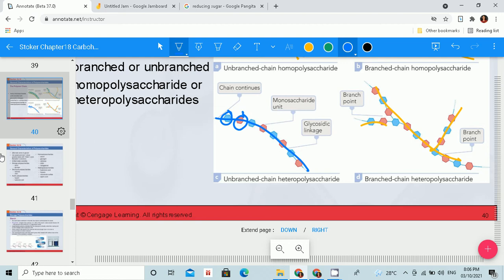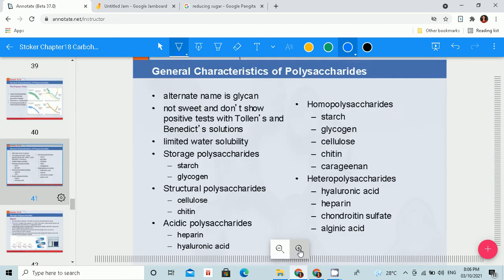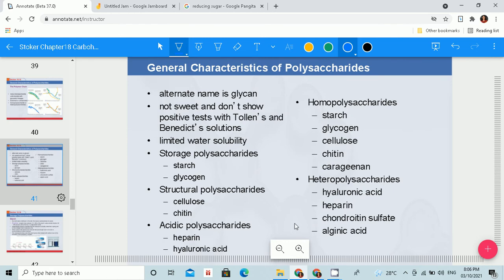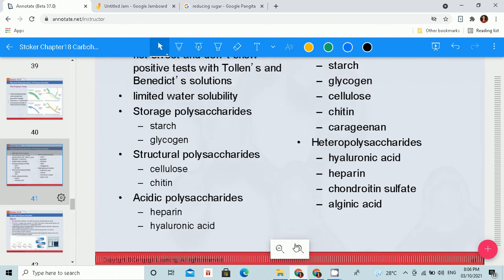Now, a polysaccharide's alternate name is glycan. It's not sweet and doesn't show a positive test with Tollens and Benedict solutions, which are our oxidizing reagents. It has limited water solubility.